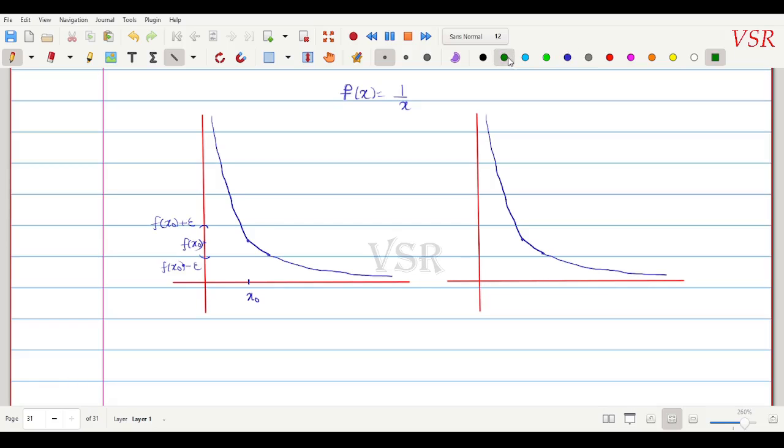I'll take it with green color. இங்க ஒரு ஸ்ட்ரைட் லைன், அப்புறம் இங்க ஒரு ஸ்ட்ரைட் லைன். ஓகே, அண்ட் அங்கே இருந்து கீழே ஒரு முட்டு, இங்க ஒன்று, அப்புறம் இங்கே இருந்து ஒரு டெல்டா.